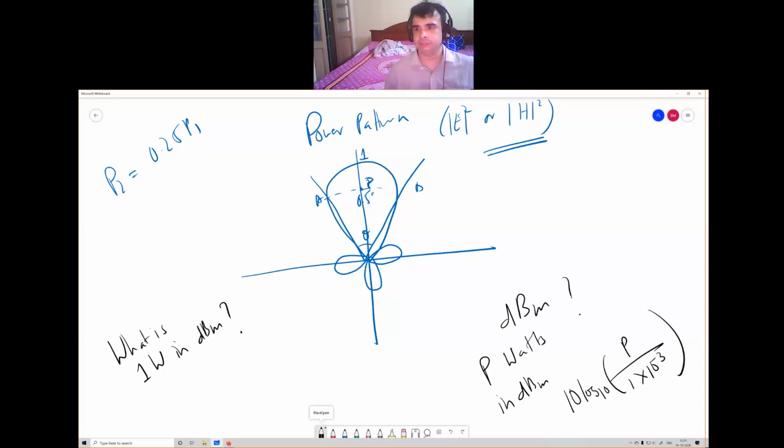It becomes very easy when you say it in dBm instead of watts. So what is 1 watt in dBm? Can anyone tell me? Divided by P. Yes, and what is log 10? 1. So it is 30 dBm. And what is 1 microwatt?